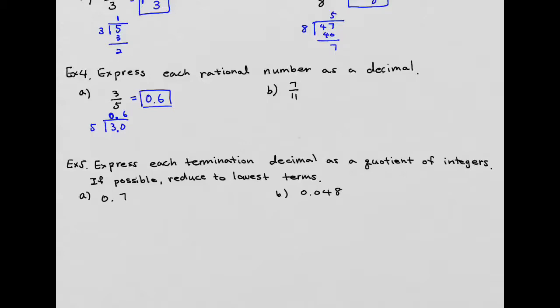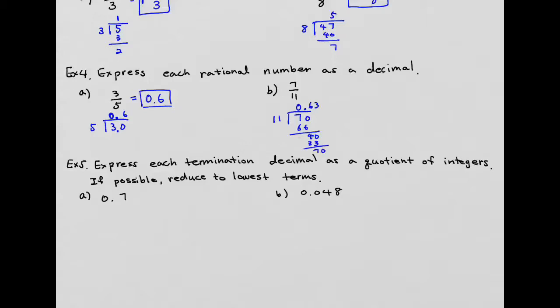Let's see. What about 7 divided by 11 then? This one goes 0 times. So now I can use this 0, 70. And it goes in 6 times. 66 gives you 4, and then 40, which is going to be 3. That's going to be another 7.